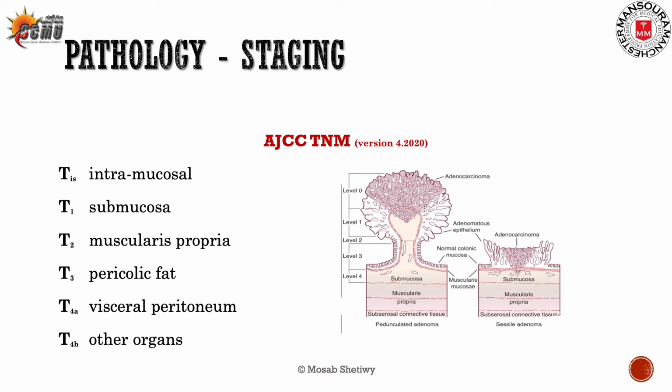If it is an in situ or intramucosal epithelial carcinoma, this is Tis. A T1 tumor extends through not just the mucosa but also into the submucosa. T2 extends into the muscularis. T3 into the pericolic fat. T4 into either adjacent organs, T4b, or just the visceral peritoneum, T4a.